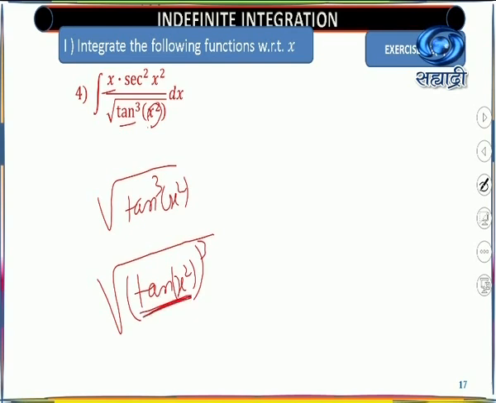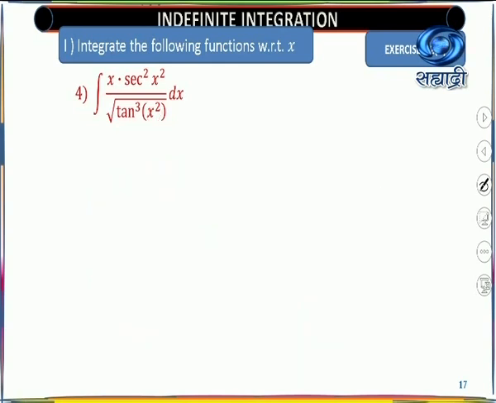If you substitute, you will get the derivative as 2x sec square x square and dx, that is equal to dt. Do you have everything on the numerator? Yes, it is there. 2 is not there, but 2 is a constant, you are able to adjust it. So we'll start with our example. It looks like a complicated example, but it is not.